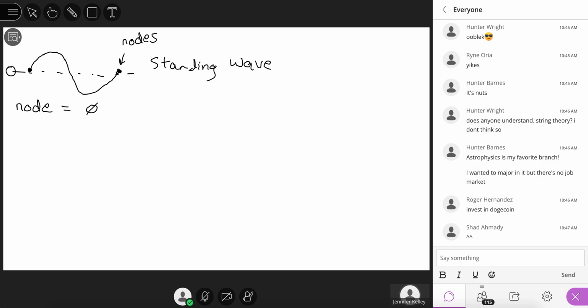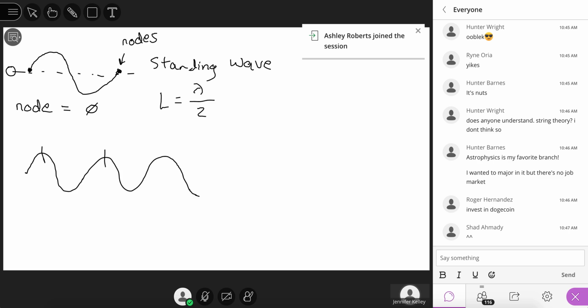And then for a standing wave, think of this equation that the length is equal to the wavelength of the wave divided by 2. So it would kind of be saying, all right, we've got a wave.